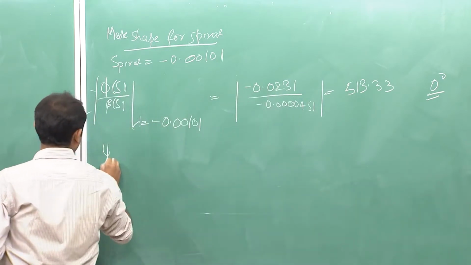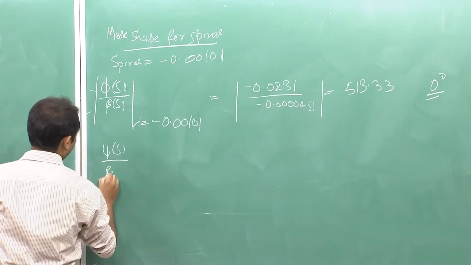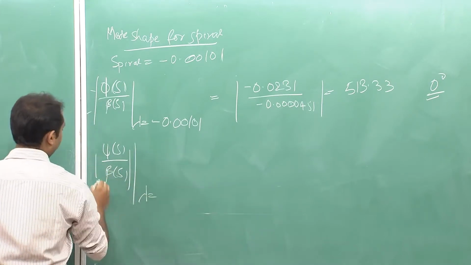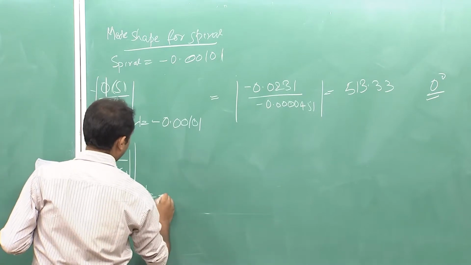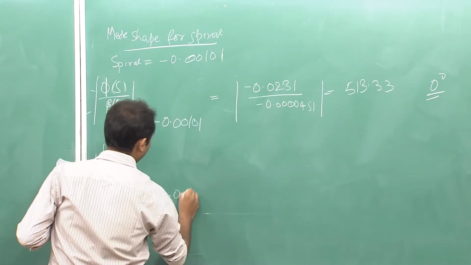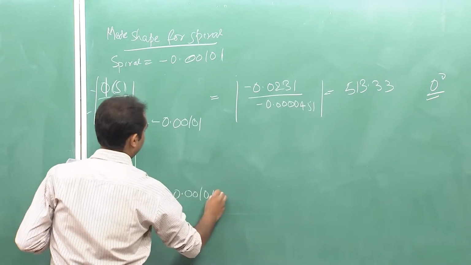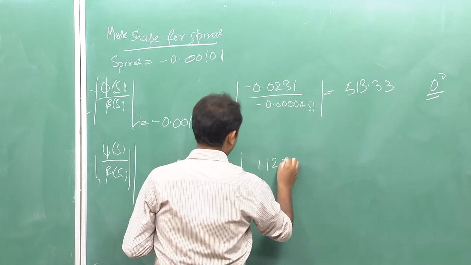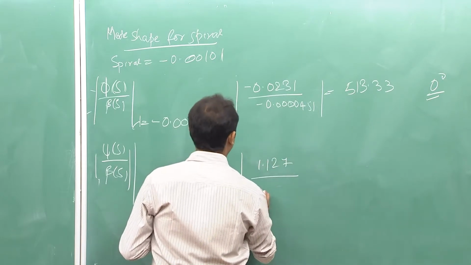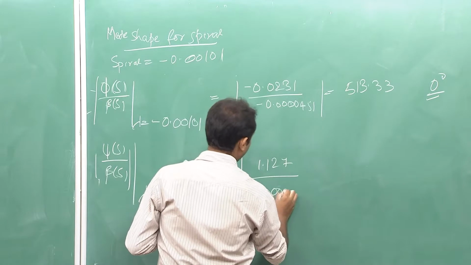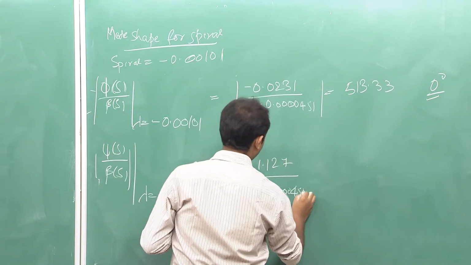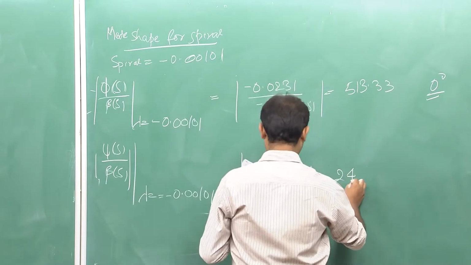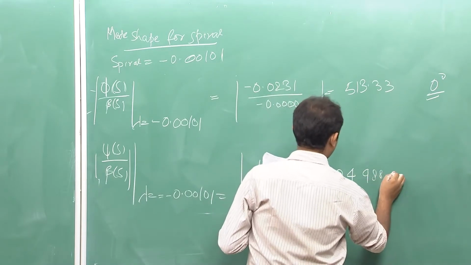Similarly, psi(s) upon beta(s) at lambda equals minus 0.00101, the magnitude of this will give me 1.127 divided by minus 0.000451, which is equal to 24,988.9.